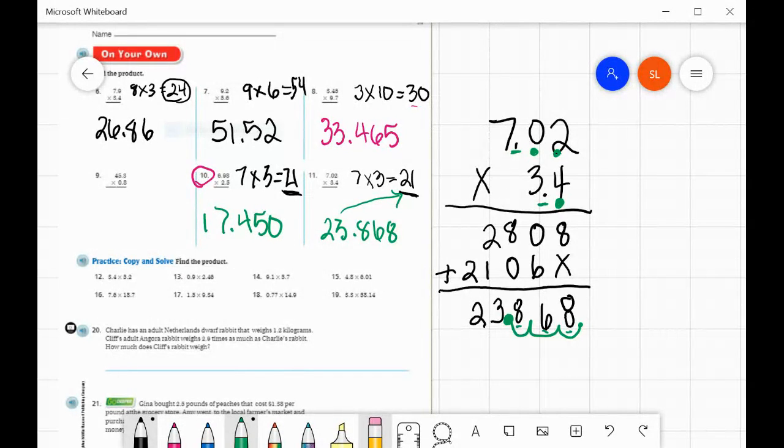All right. I'm going to give you a difficult problem right now that's not on this page. So grab a piece of paper and write down this problem. This is a challenge problem.